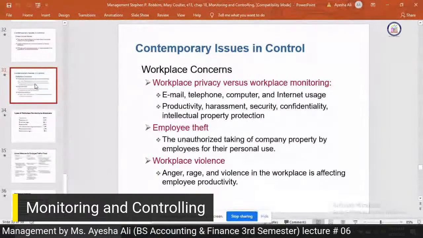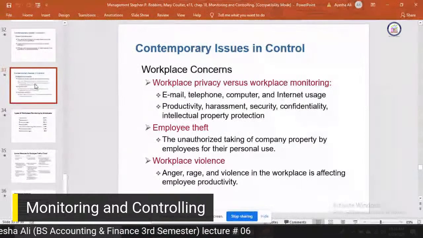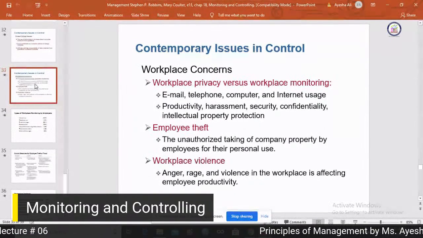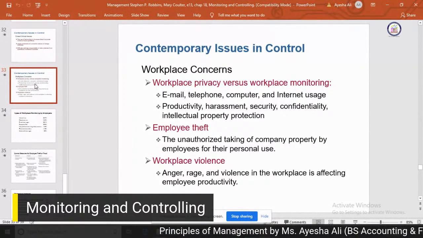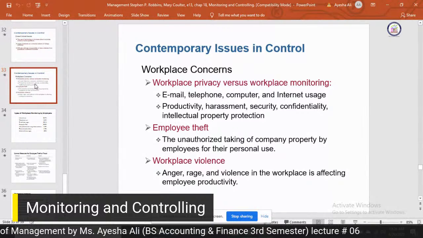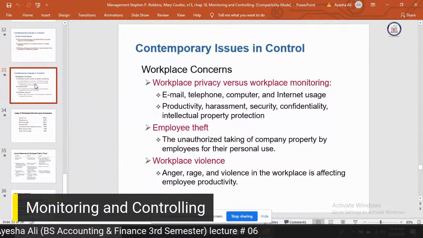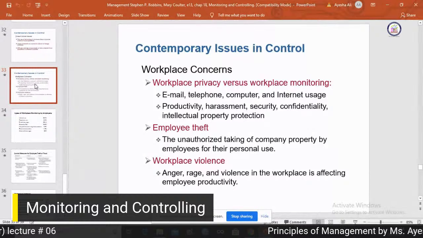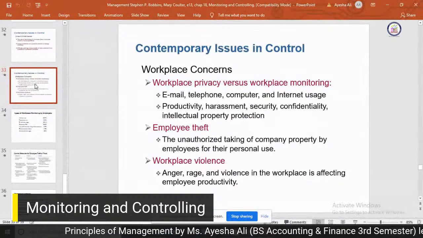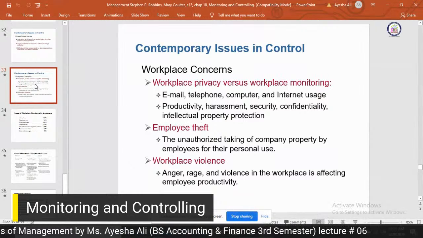Because if they don't monitor, the worker and employee don't utilize the time efficiently and effectively, and also for stopping the harassment, because they can use the internet, phone, or email in many ways to harass the employee, and for security purpose because they don't want anyone to harm the organization.